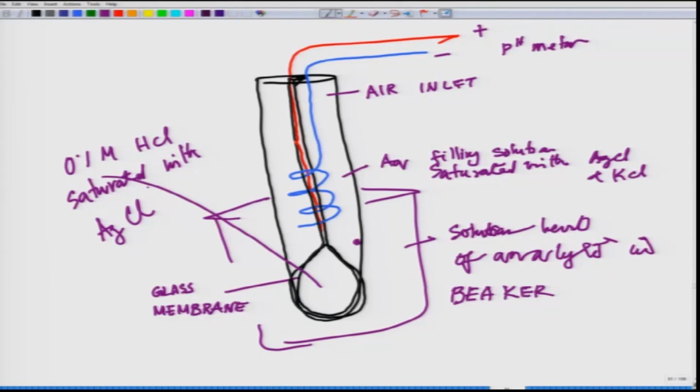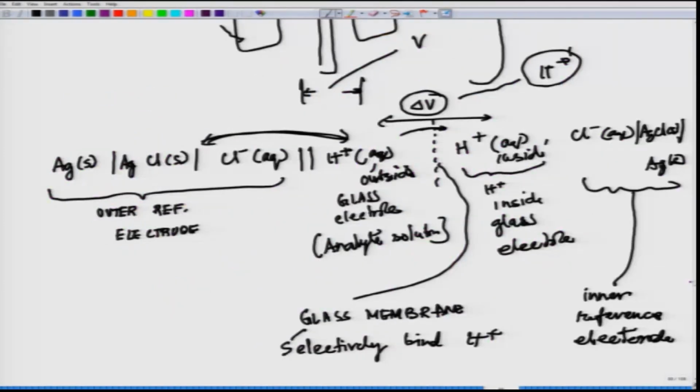And the liquid level of the outer reference electrode is somewhere out here, and the liquid level of the inner reference electrode is somewhere out here. These are the different liquid levels, and AgCl paste suspended between the two sides of the frit. So essentially, it's a complex geometry, but as long as you understand these basic reactions, it should not be a problem to understand how the basic pH electrode works.